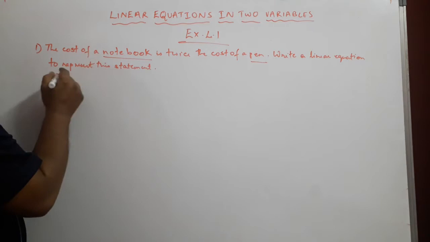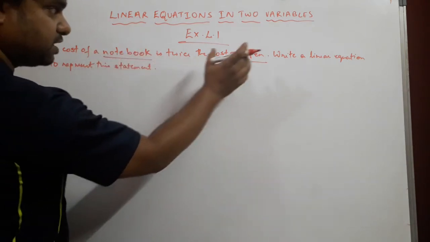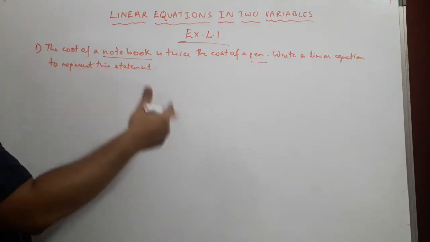So what we'll do is we have to first assume one of the variables to be notebook and the other one to be pen, and we denote it with the help of a letter which would be x and y.